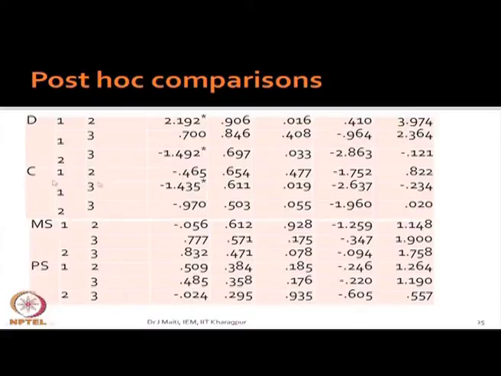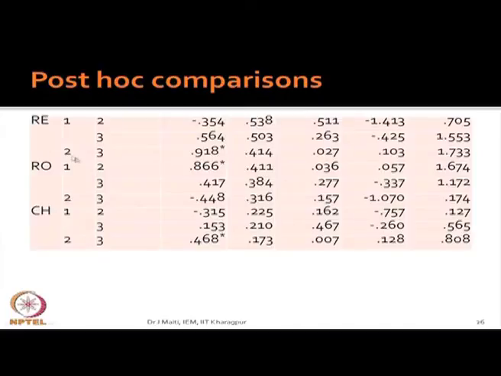Similarly, from the control point of view, officers and operations workers differ. For management support and peer support, although there are some absolute differences in values, statistically none of them are significantly different at the 0.05 level of significance.